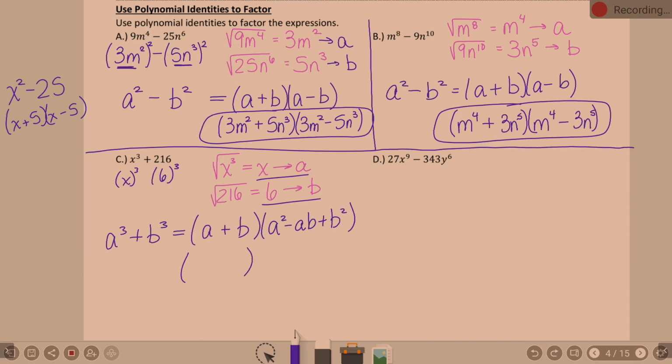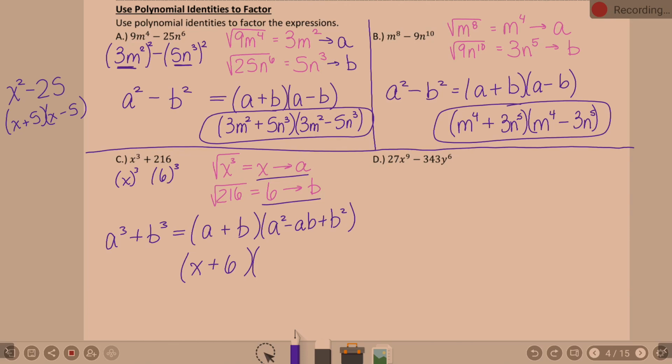This is one going forward, long term, you need to know how to do without having a formula in front of you. So, what I always say, the first parenthesis, the binomial, is the cube roots of the original problem. Well, the cube root of x cubed was x. The cube root of 216 was 6. And you keep the same middle sign. A became x, b became 6, yes?